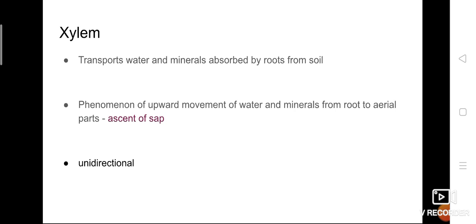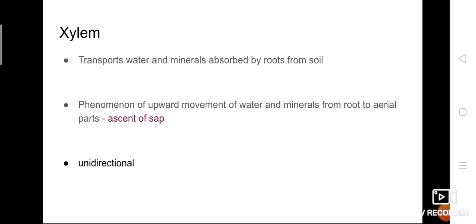It transports only water and minerals. So how are this water and minerals absorbed? With the help of the roots. Roots only absorb the water and minerals from the soil. Then the xylem transports these water and minerals to all parts of the body. That is, body here doesn't mean our body, but the plants.